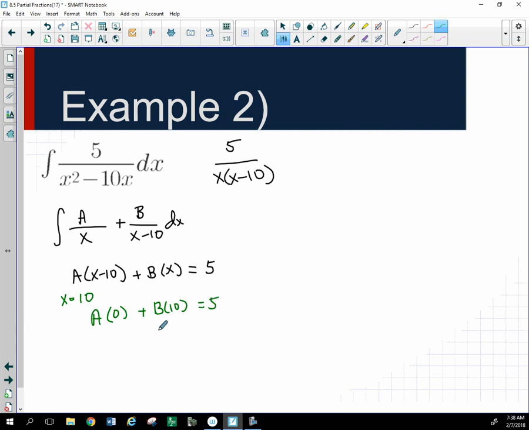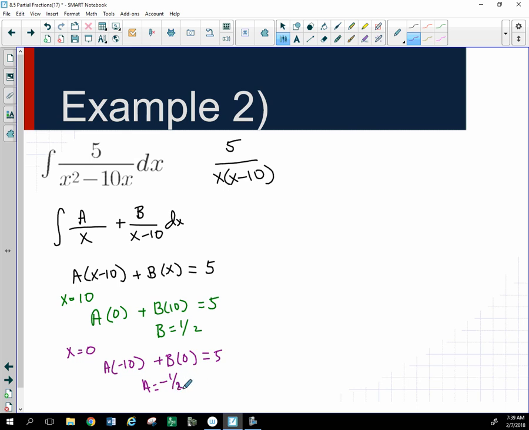And so basically b will come out to be 1/2. If I do the same thing with a, this time picking x to be 0, and again, you get to pick what you want here, that gives me a times negative 10 plus b times 0 equals 5. So it looks like a is negative 1/2.